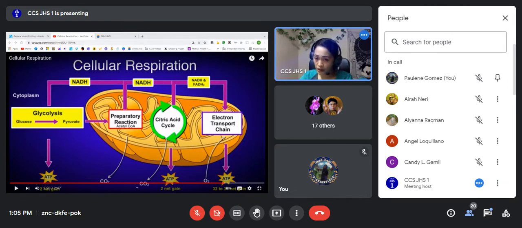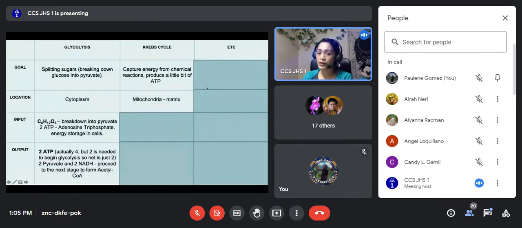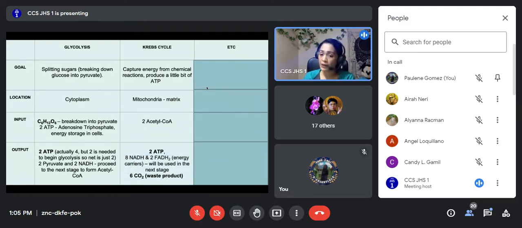That's why it's now here, representing that it's inside this orange structure, which represents your mitochondria. Now, the input here is your acetyl-CoA from the preparatory stage. And you also produce ATP and carbon dioxide, which is a byproduct or waste product, because this is the gas that is exhaled by the body.